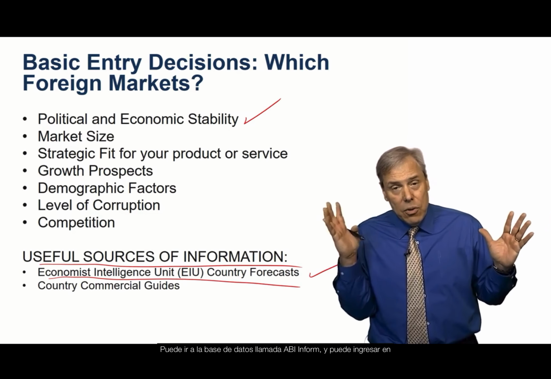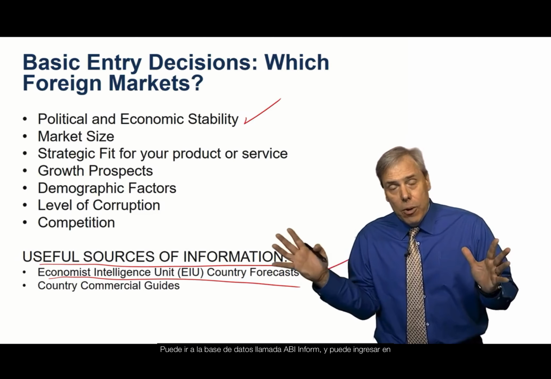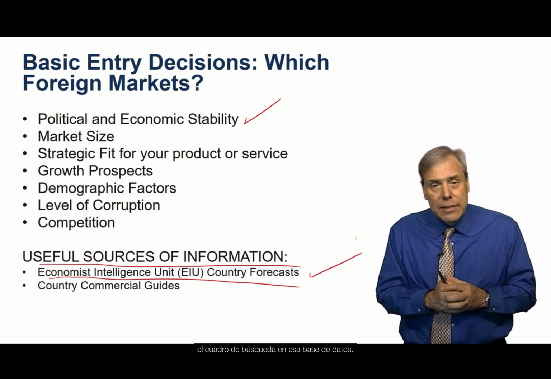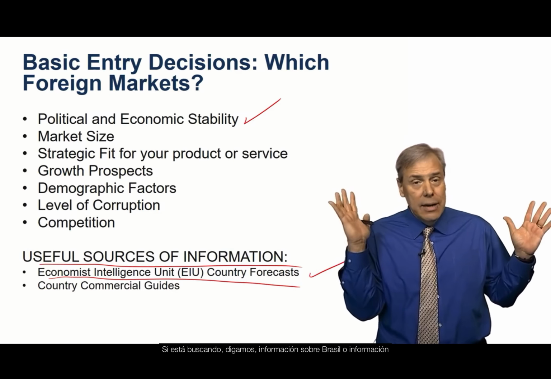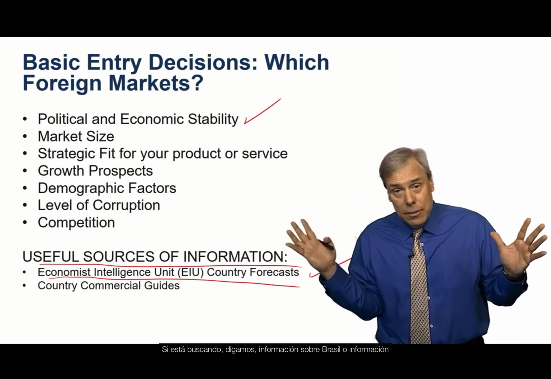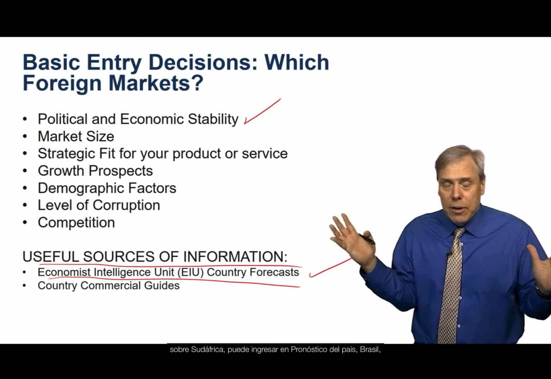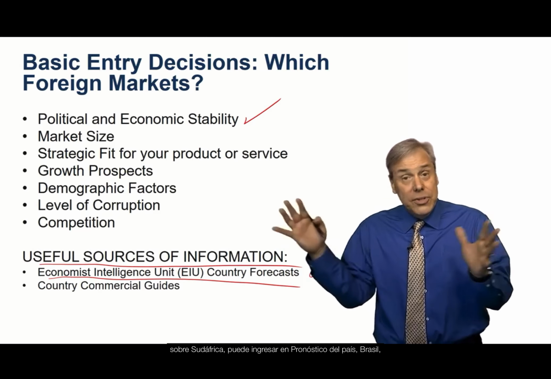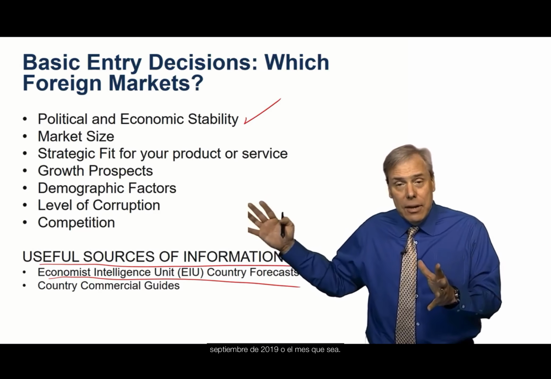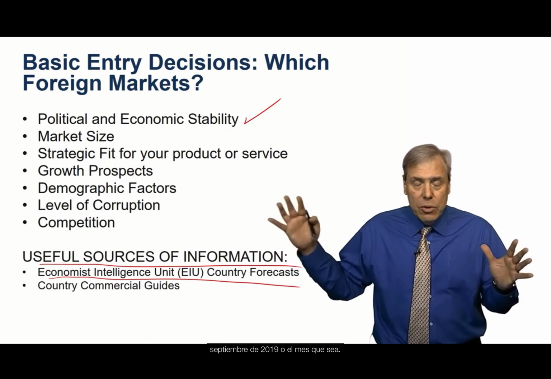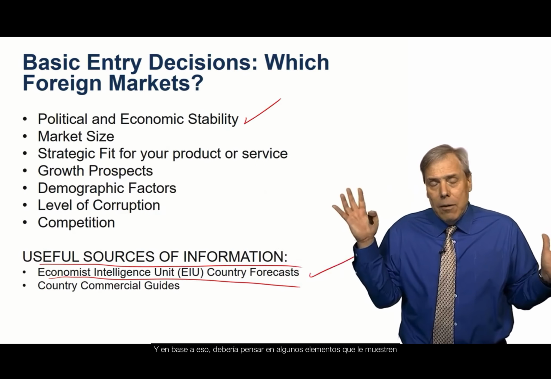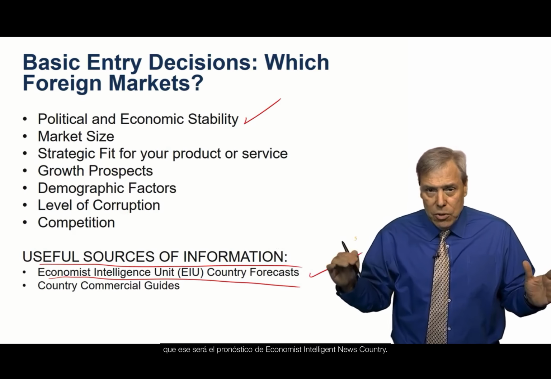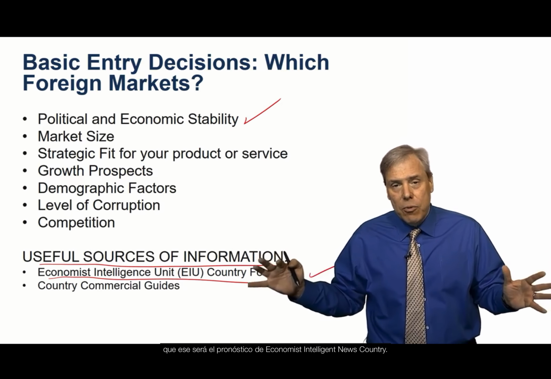You can go to the database called ABI Inform, and you can enter into the search box, if you're looking for, let's say, information on Brazil or South Africa, country forecast, period, Brazil, September 2019, or whatever month it is when you're looking for this information. And based on that, you should come up with some items that will show you the Economist Intelligence Unit Country Forecast.